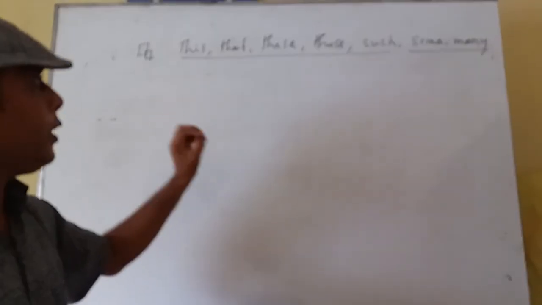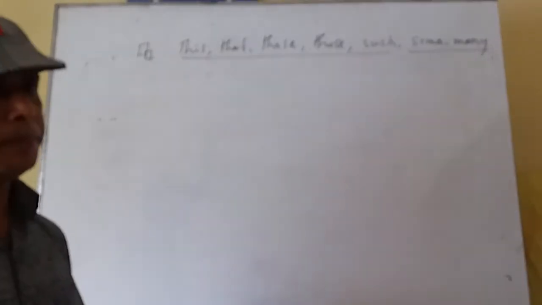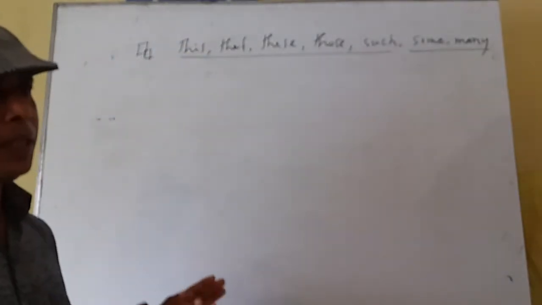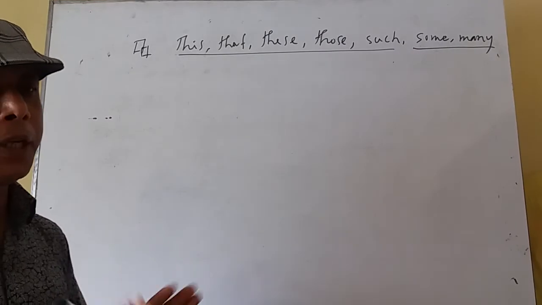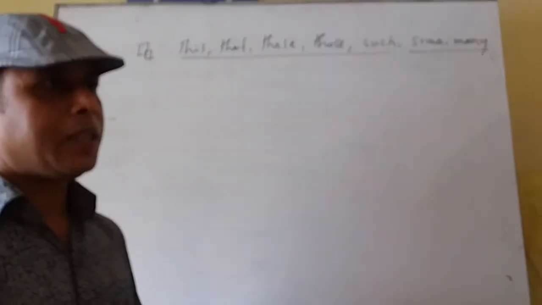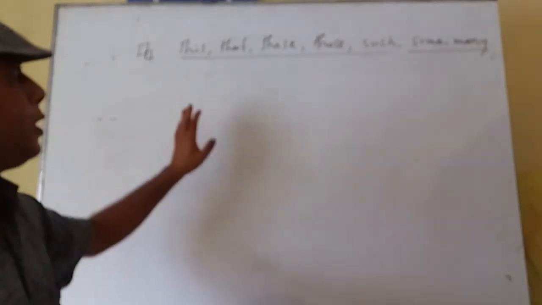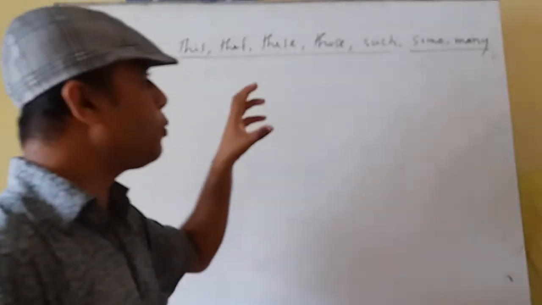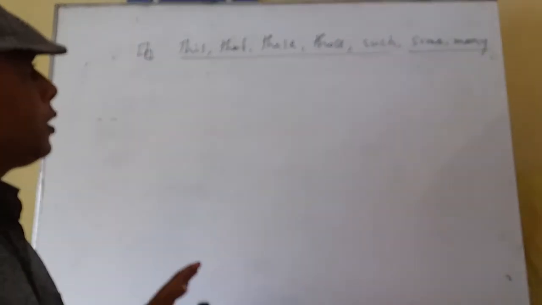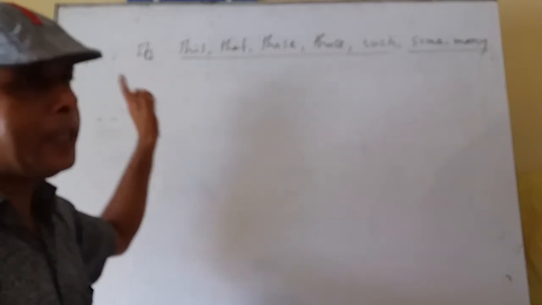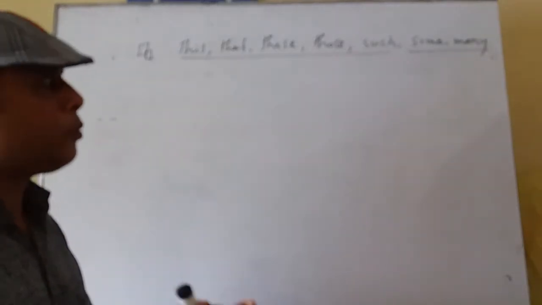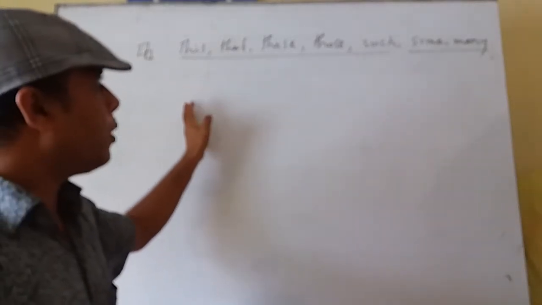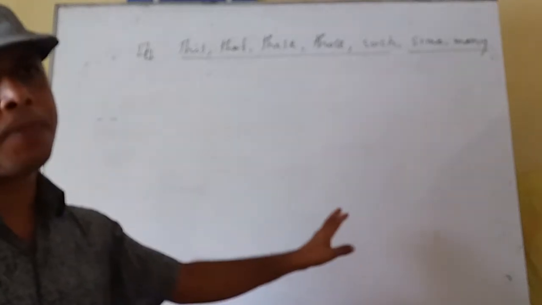So if you see in the question that these pronouns have been used without a noun, you must remember that these pronouns are unclear. It will be unclear, and you have to use the noun that they are indicating, that is, the antecedent noun for which this pronoun has been used.